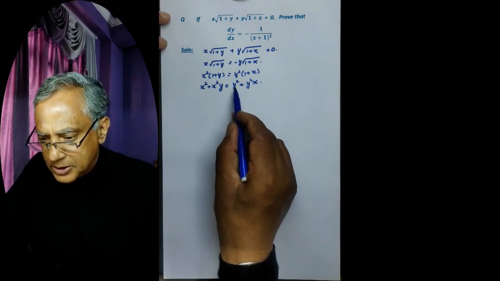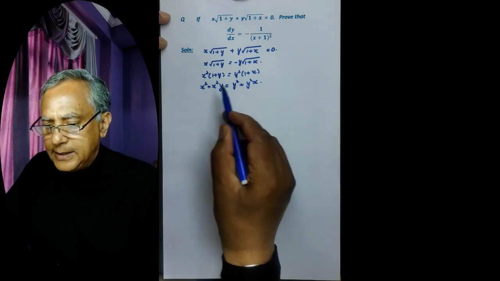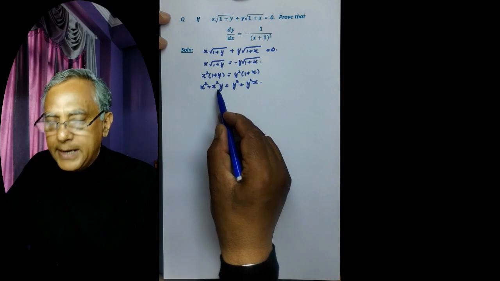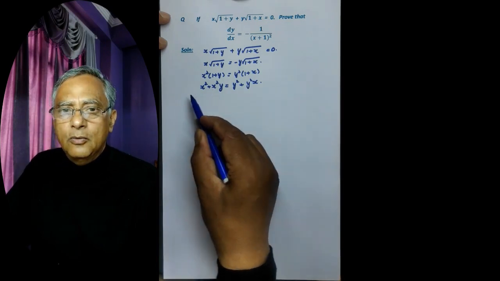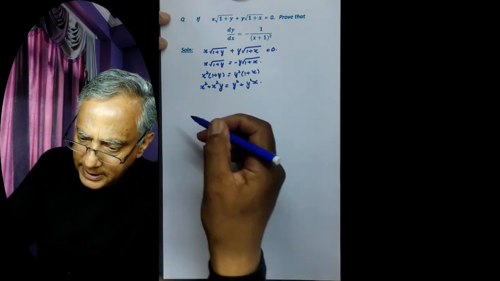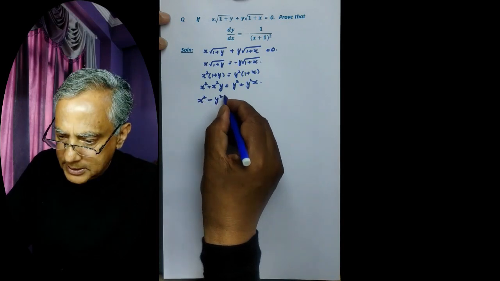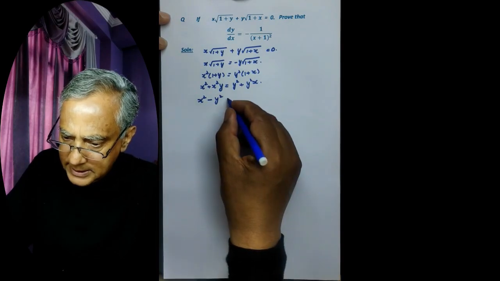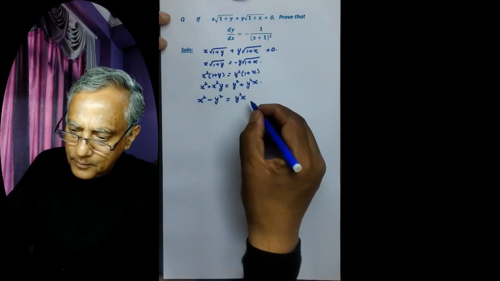And if I take this term to this side and take xy common, we will get y minus x. So x minus y will cancel from both sides. So what we do is we take this term to this side. This is equal to y square x, and take this term to the other side, minus x square y.